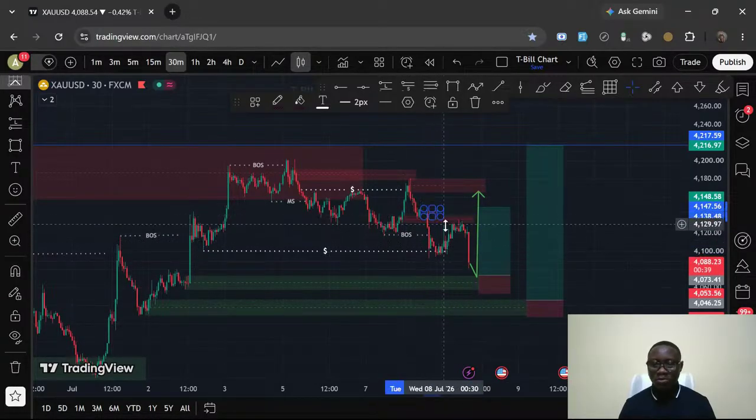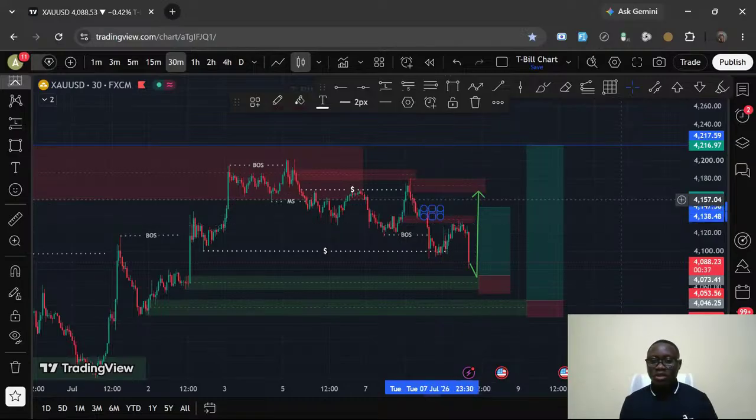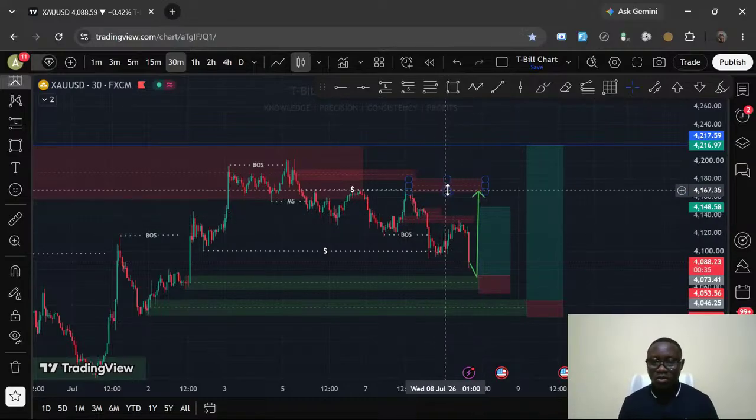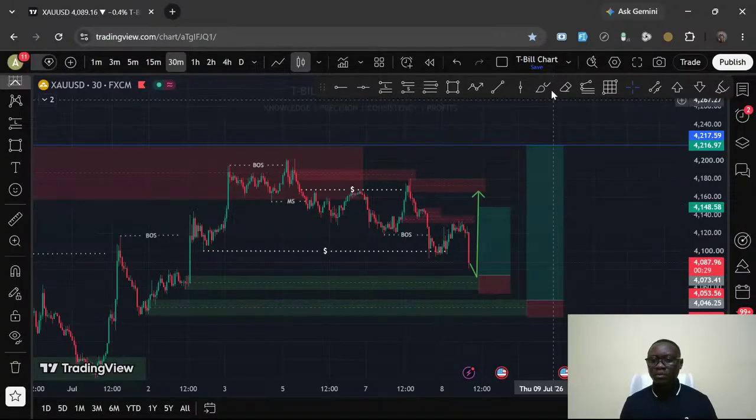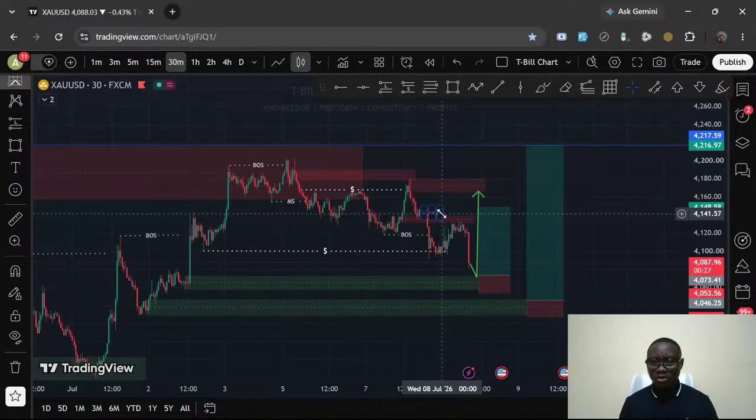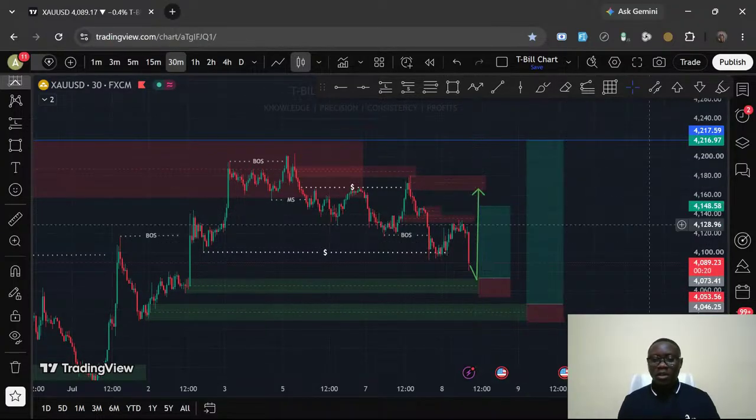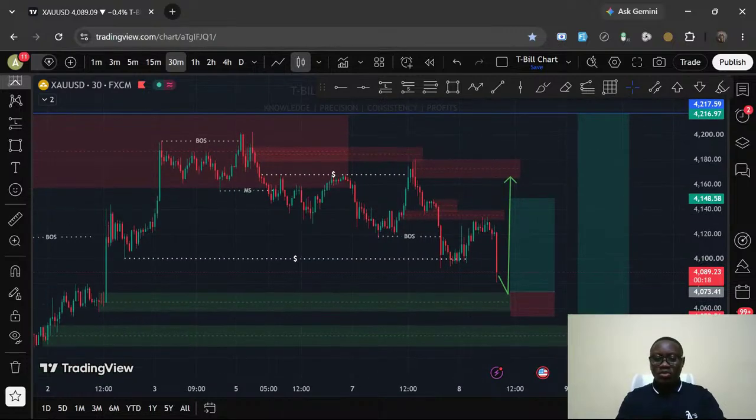So the zone has been mitigated. So I would rather wait for this, not even this, because this is most likely going to fail. But again, if you're scalping, of course, you can do a quick scalp there and take your profits early enough. Okay, so this is my buyers on hold.